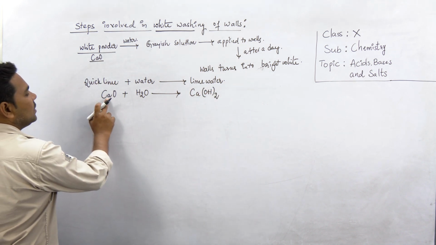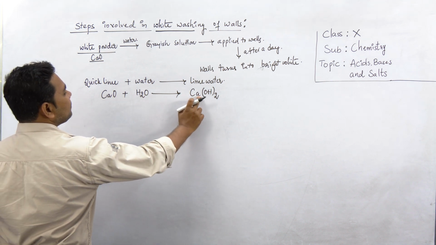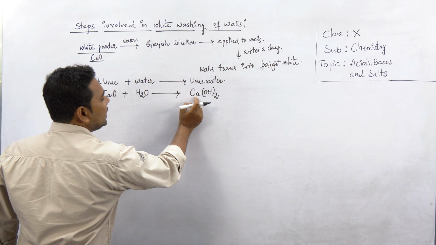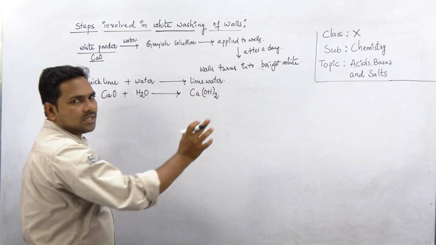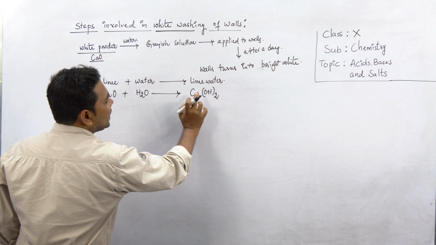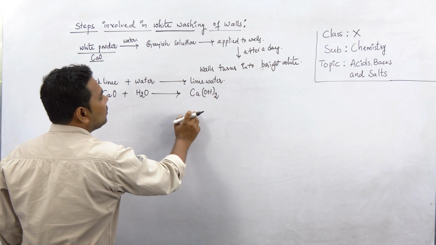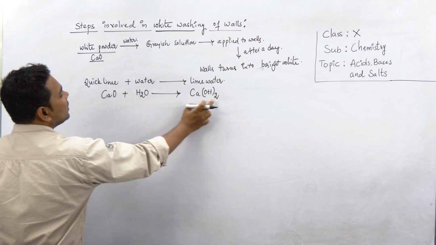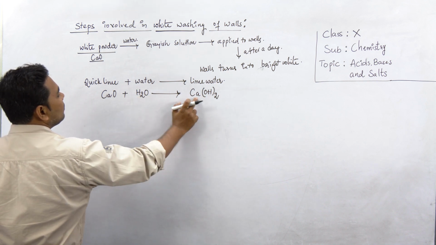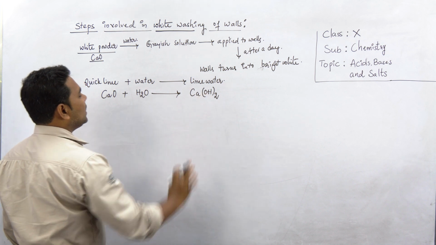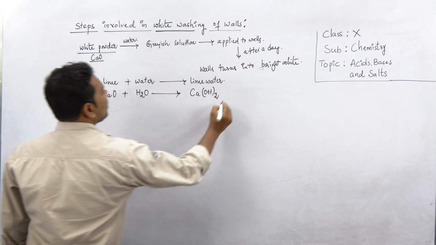Is it balanced? 1 calcium, 1 calcium, 2 hydrogens, 2 hydrogens, and 2 oxygens, because OH is taken twice. 1 oxygen here, 1 oxygen here, 2 hydrogens here. Calcium is not taken twice, only OH is taken twice. So it is a balanced chemical equation.